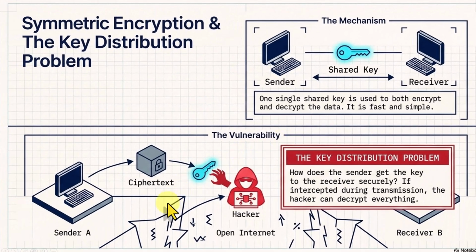But what is the problem with symmetric encryption? Because you are sharing the key that can decrypt the data, hackers can get the key as well, and once they have the key and the ciphertext, they can decrypt it. That is the problem with symmetric encryption.